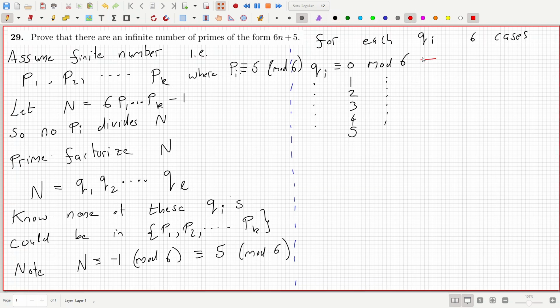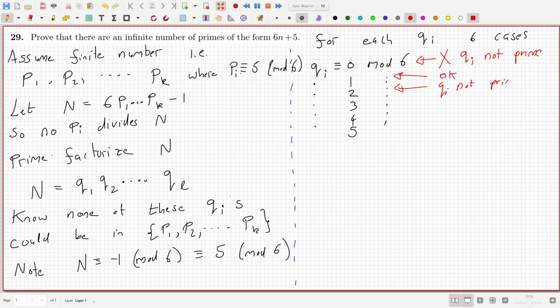Now this one here, 0, is not possible, because that would mean qi is a multiple of 6, or in other words, not prime. So we reject that. This one here, 1, is okay. If qi was equal to 2 mod 6, that would be a problem, because qi would be a multiple of 2, so not prime.